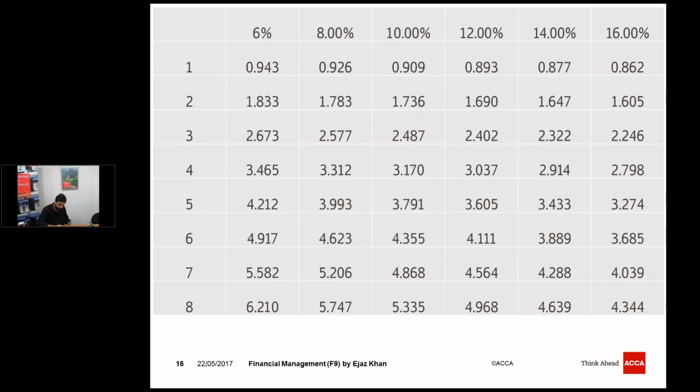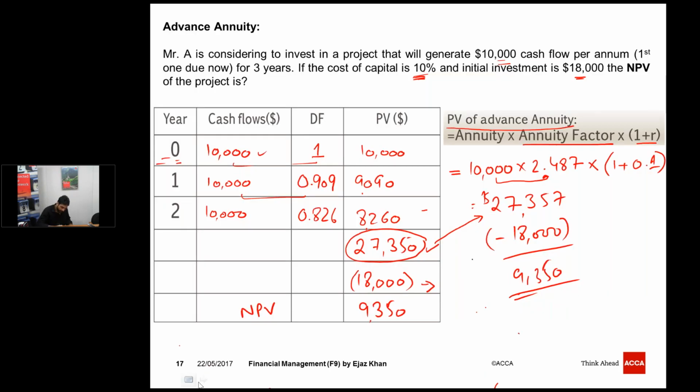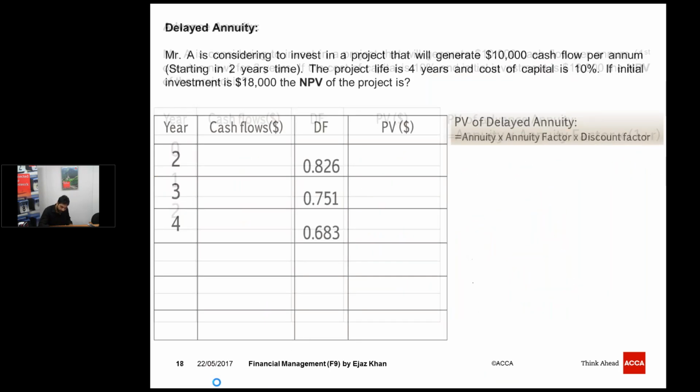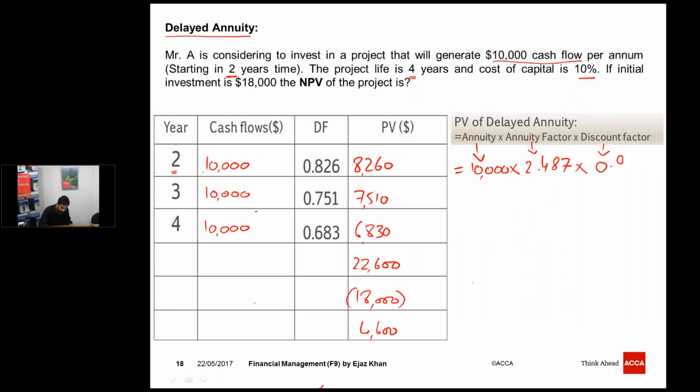So go back to the question and multiply it with 0.909. So let's multiply 10,000 into 2.487 multiplied by 0.909.